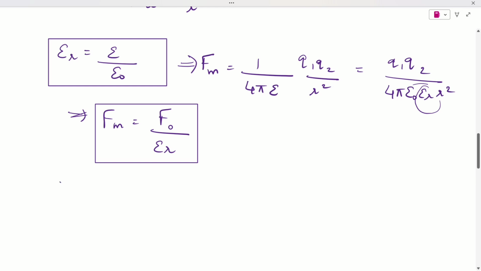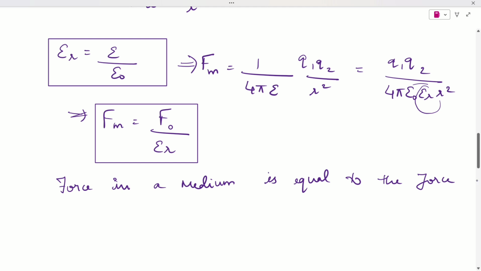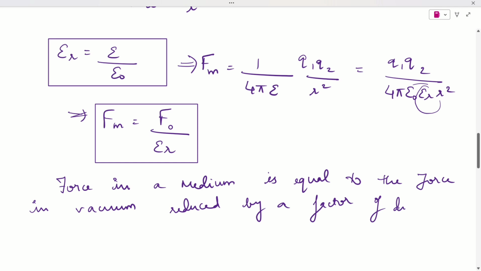It tells that my force in a medium is equal to the force in vacuum reduced by a factor of dielectric constant of that medium.